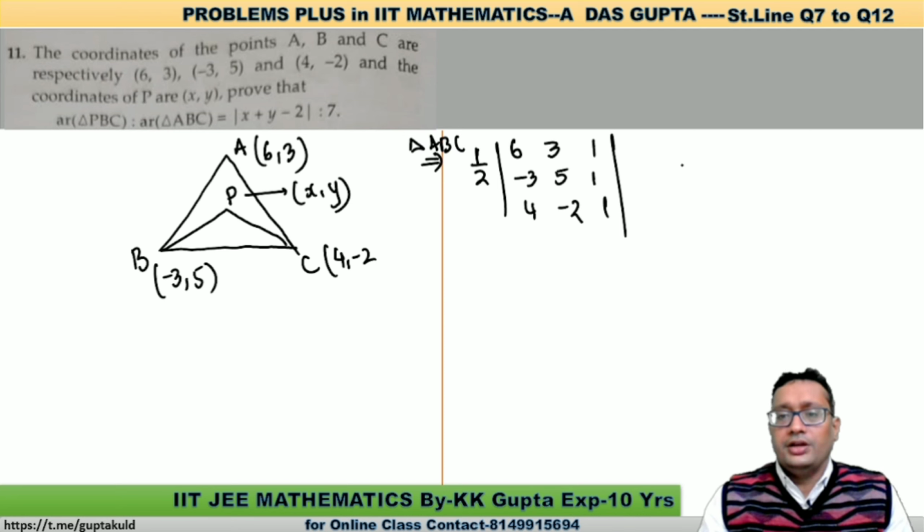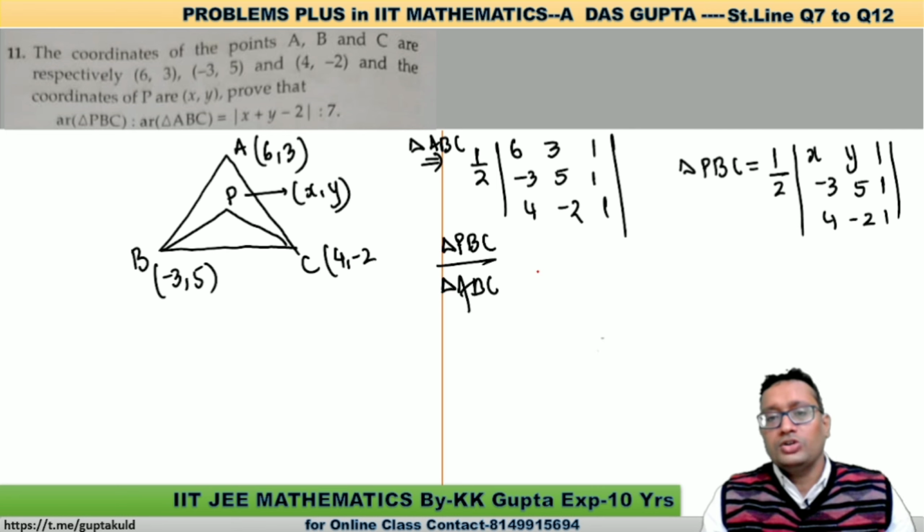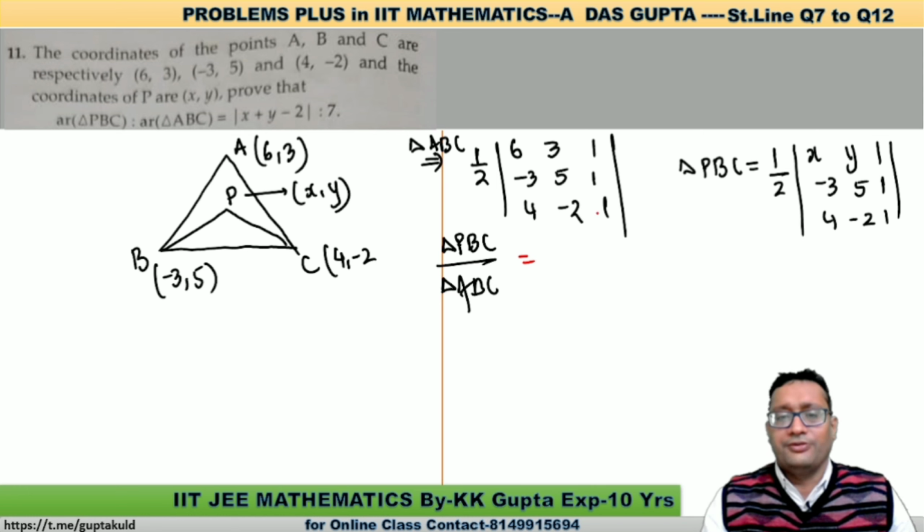And for triangle PBC, in place of 6 comma 3 and 1 in the first row, it becomes x, y, 1, minus 3 5 1, 4 minus 2 and 1. So the area of triangle PBC divided by triangle ABC. In PBC, this one half will get cancelled, this half will get cancelled.